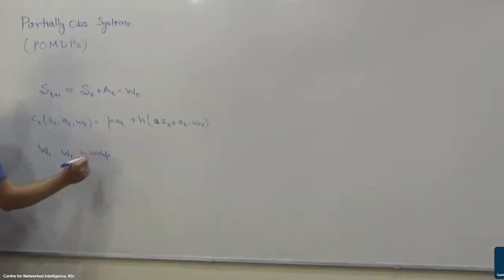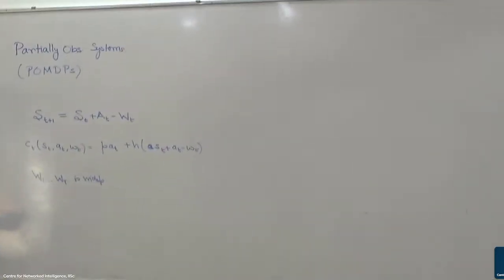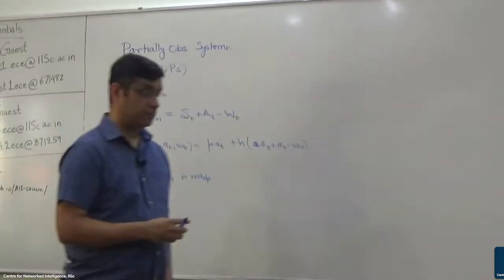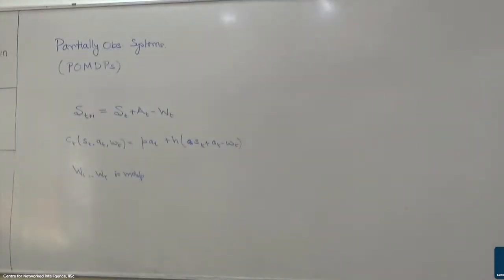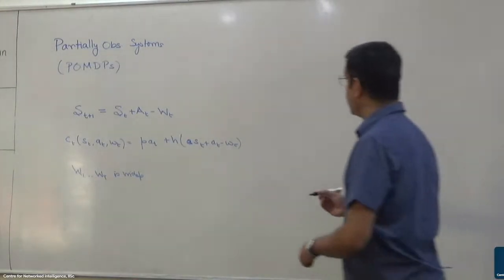Right? Now, let me consider a variation of this problem where the demand is sometimes high, sometimes low, and it depends on the season, which can be high or low, and that's determined by a random variable we would denote by W0.